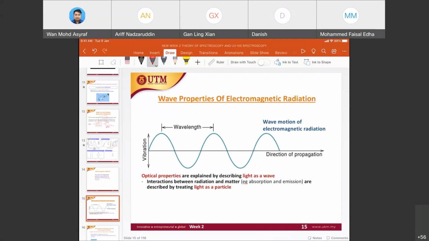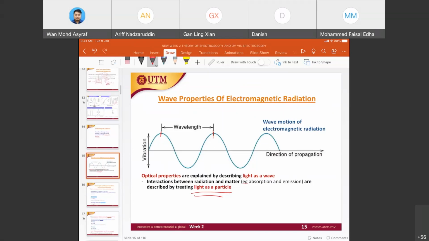From the top here to the top here we call a wavelength. Optical properties are explained by this as waves. Interaction between radiation and matter is described by treating light as a particle. For the explanation of waves, I will put a video on e-learning for you to have a better understanding of the wave properties of electromagnetic radiation.